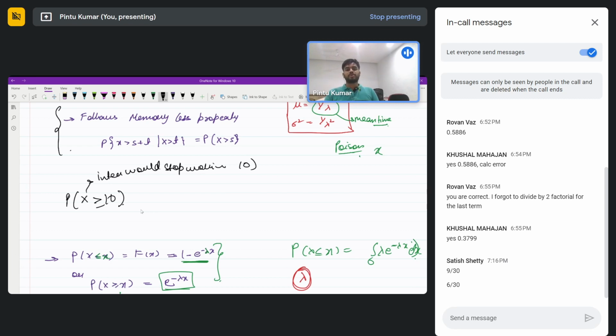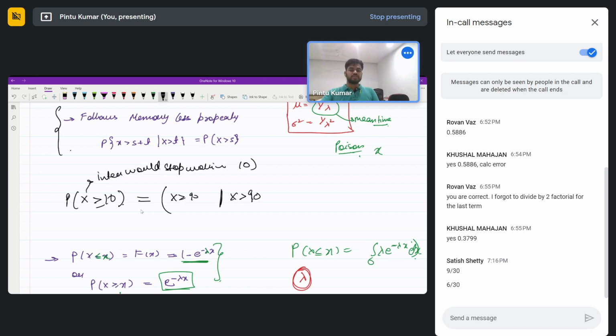Now, what the memoryless property says is that this should be equal to, let's say, now we have finished around 1.5 hours in this lecture. So given that we have already completed that our X is already greater than 90, what is the probability that it will again stop working after 10 minutes from now? Okay.